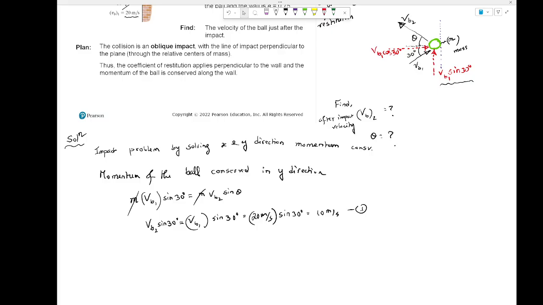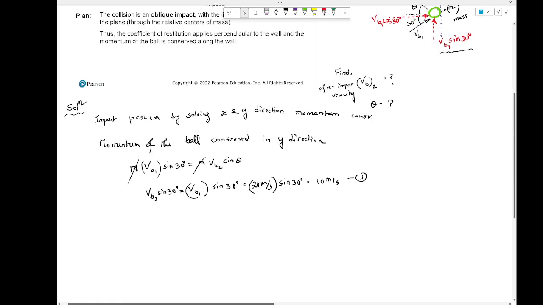So now you have two equations and two unknowns, VB2 and theta. Everybody got it? How many equations do you need to solve two unknowns? Two. That's always the case, right? So you had just one equation with two unknowns, so the other one must be found, and you do have a clue from the coefficient of restitution. Let me write that.